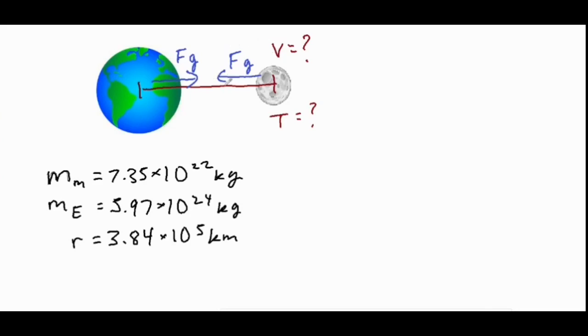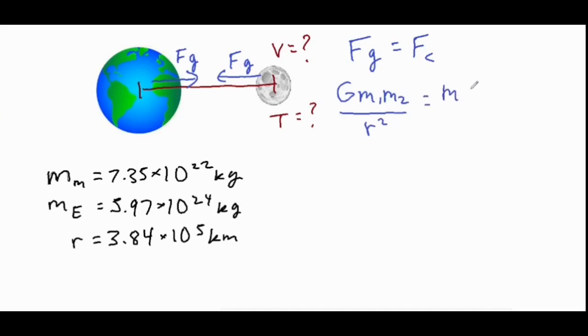So that force of gravity for the Moon is pointing towards the center of its orbit. So that is the centripetal force. So the force of gravity is equal to the centripetal force, and the force of gravity is GMm over r squared.